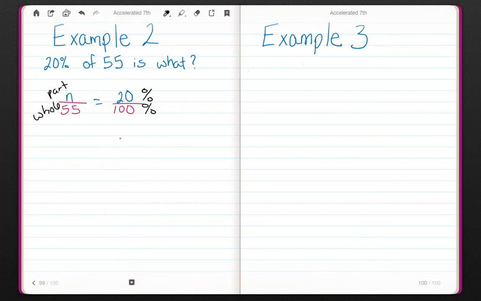So again, I'm going to use cross products because I like using cross products. 100n equals 20 times 55. Yes, I'm using my calculator. Equals 1,000. Oh, not what I wanted. 1,100. Divide by 100. N equals 11%.